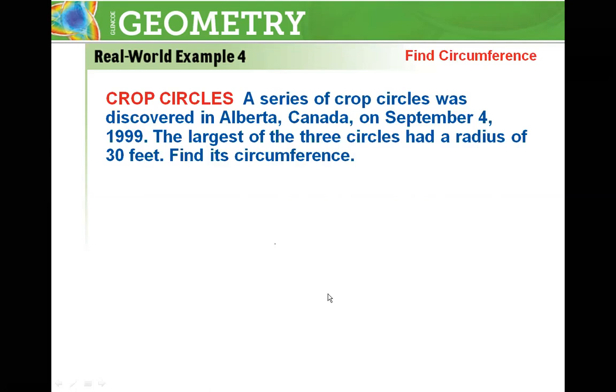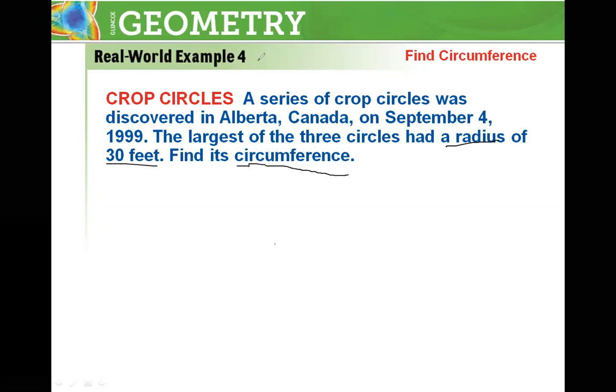Excellent. So the circumference here, because he gave us the radius length is 30, as he said, a radius of 30 feet. So to find the circumference, it's 2 times pi times r, or you multiply 30 by 2 to get the value of d and multiply it by pi.